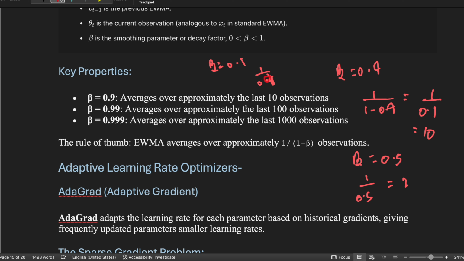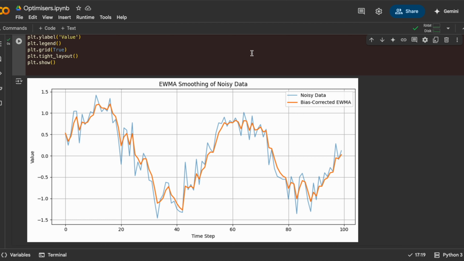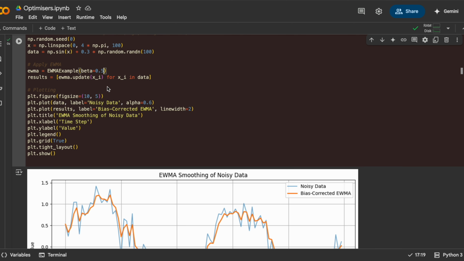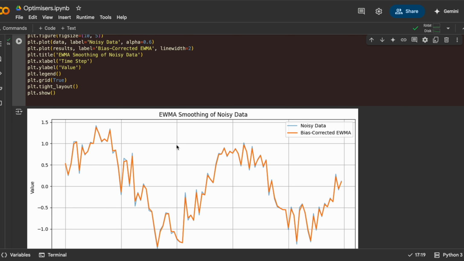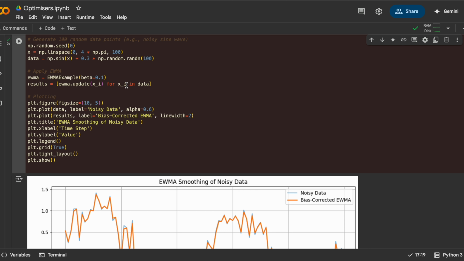So what will it be? One second. It will be approximately 1.1 something. If I try 0.1 and run it, you can now see: from 0.9 you got this.